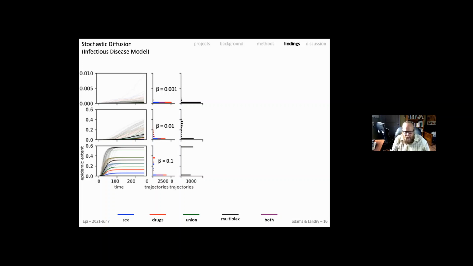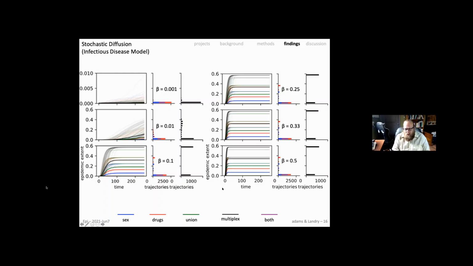But for now, I just want to mention that lower betas lead to much slower contagion that just doesn't yet reach the levels we observe here. If we up that, however, what you see is essentially the same equilibria reached for a variety of beta levels, right? So a little more than doubling, a little more than tripling, and a 50% probability.